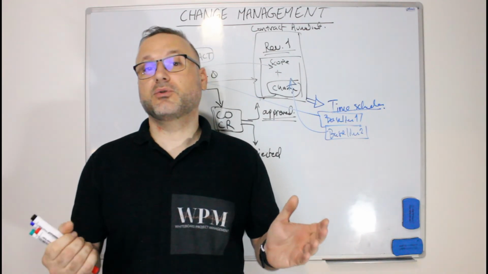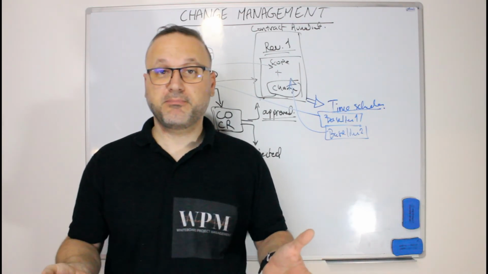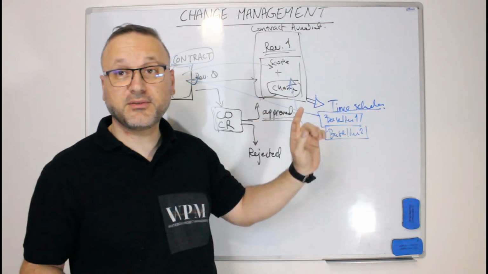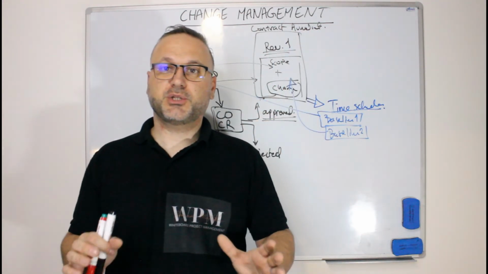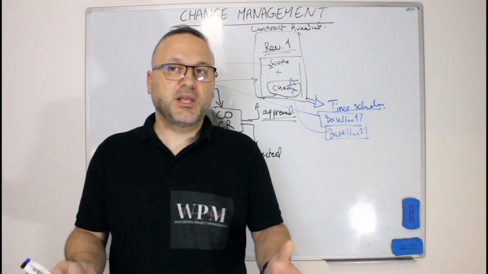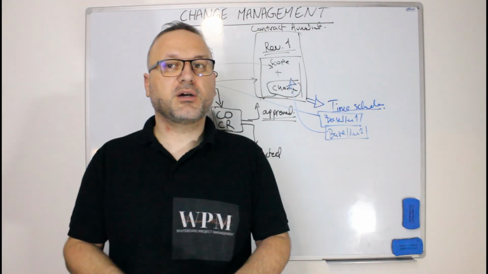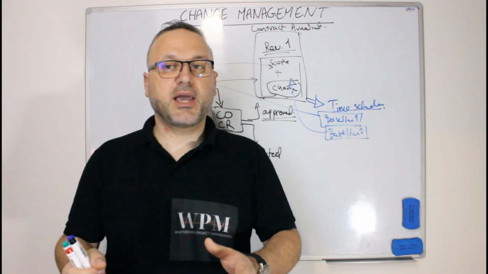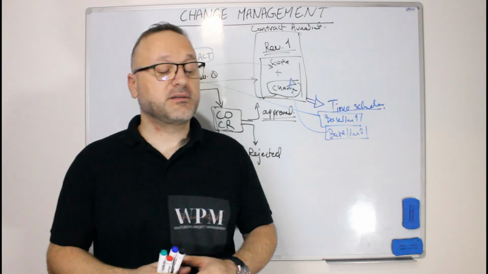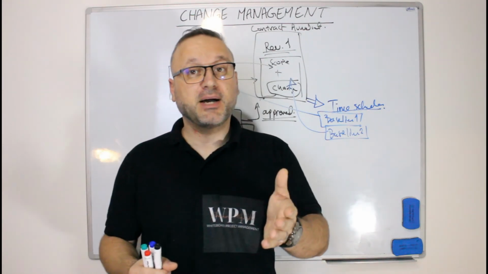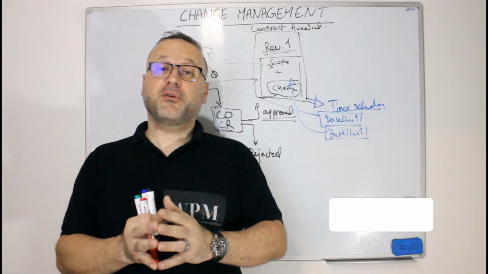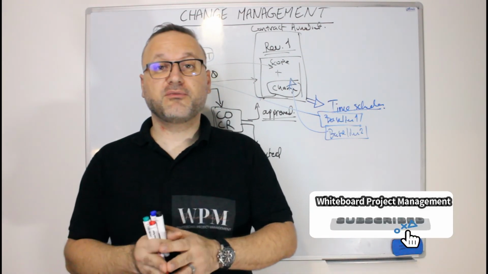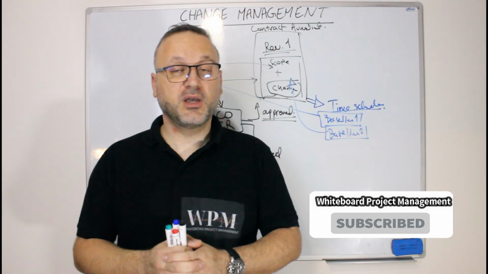Those changes could be only agreed, since they have no impacts, and then you don't need to make an amendment. It's not necessary, actually, unless it is mentioned in the contract. If it's mentioned in the contract that you have to amend all changes, then you need to amend it. But for those changes which have no impacts on the project constraints, if they are not mentioned in the contract, you need only to have those changes approved by your customer.